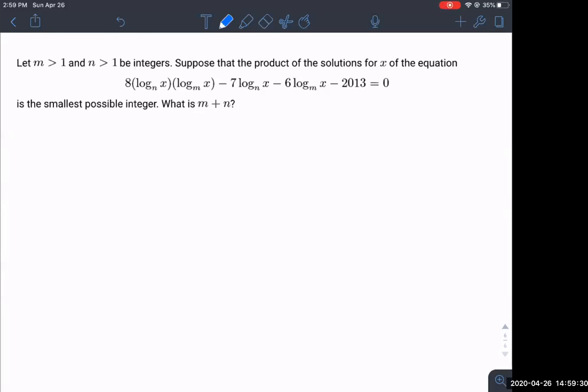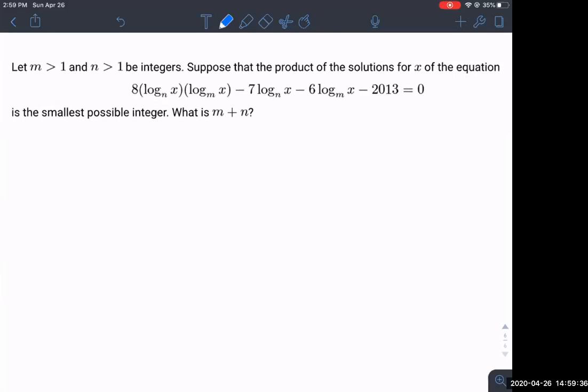All right, so this one is definitely pretty tricky. These two are of different bases. Let's see if we can make them the same at least. So this one becomes log x over log n, and this one's log x over log m.